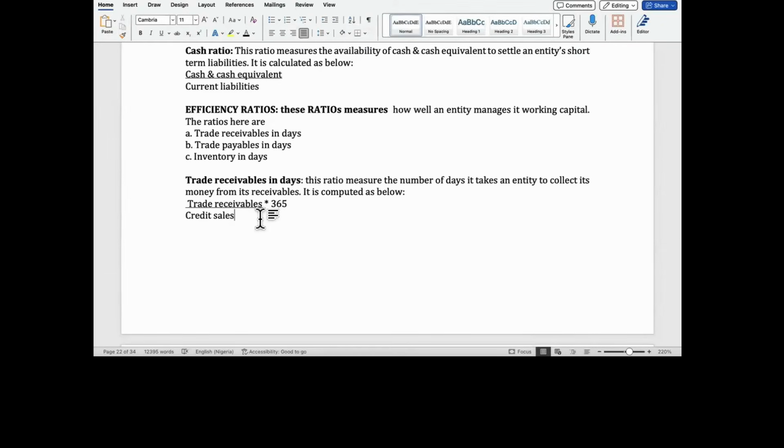And this is simple enough in the sense that everybody would agree that the lower the better. Everybody will agree to that. Then we have trade payables in days.